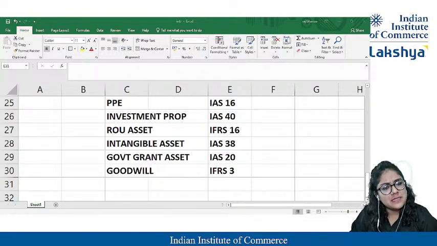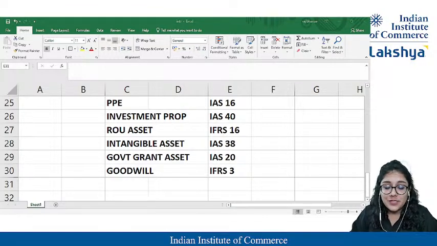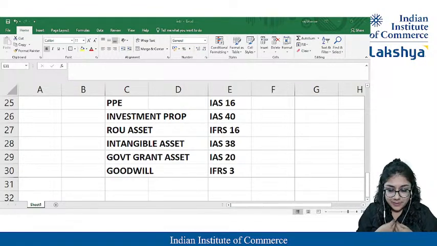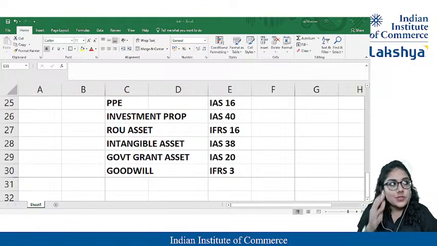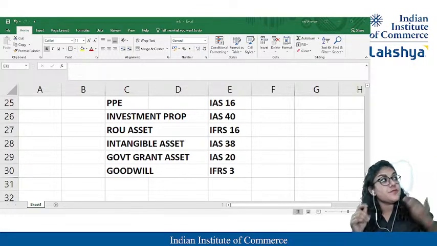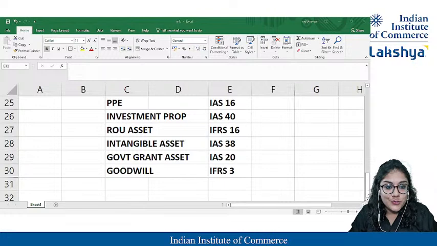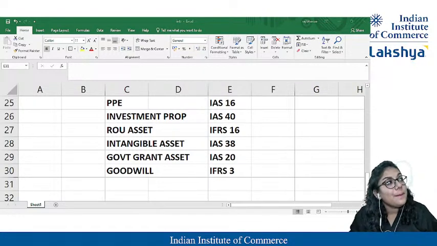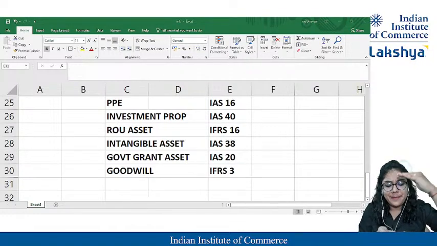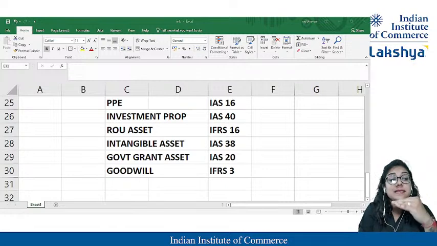Then what is IFRS 3? Yeah, the business combination. If I am the one who has very much money, and I want to acquire that business fully, what am I supposed to do? I think you know it, but let's revise it. We are going to take their total net assets, like total assets minus outside liabilities.